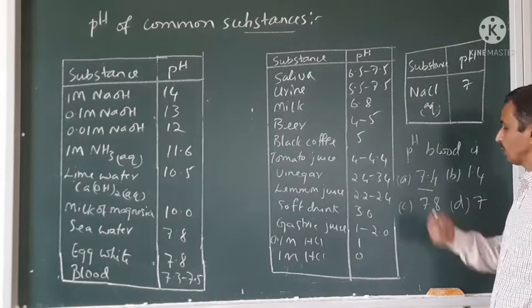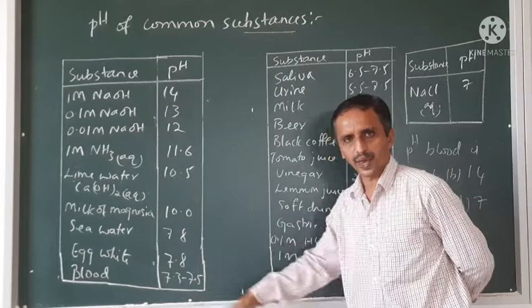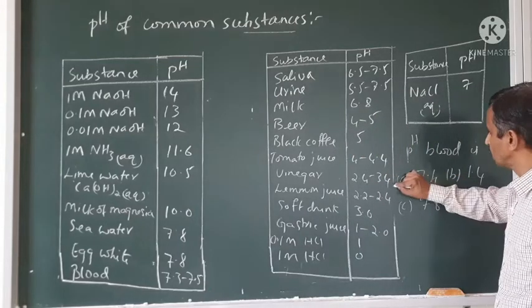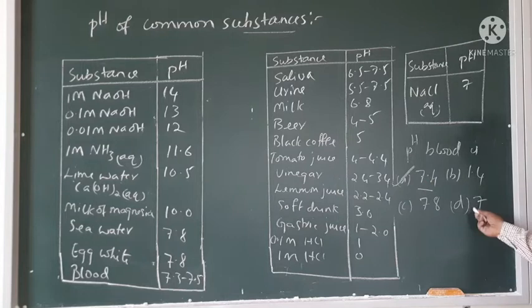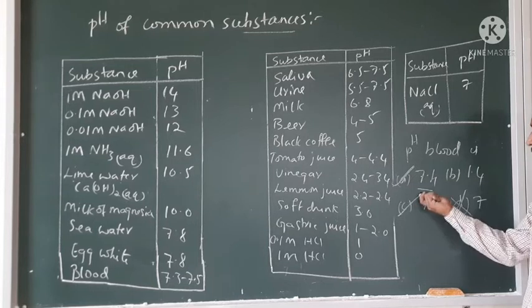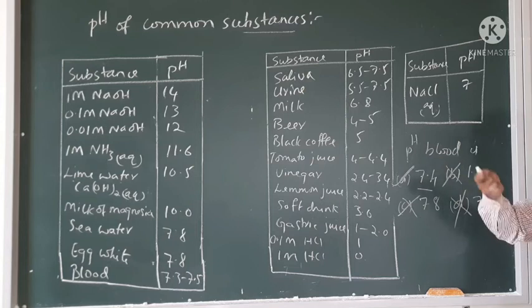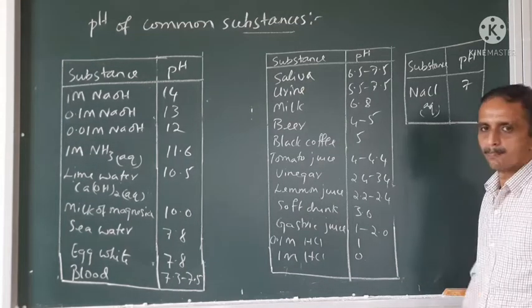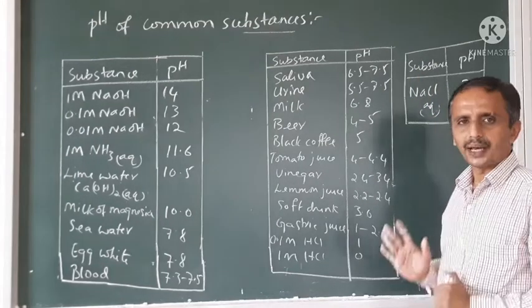He has given one particular value. And blood pH is 7.3 to 7.5, and 7.4 comes in this range. So this is the answer. Whereas 7 is not in the 7.3 to 7.5 range, so it is not the answer. It's above 7.5, it is not the answer. It is below 7.3, this is not the answer.